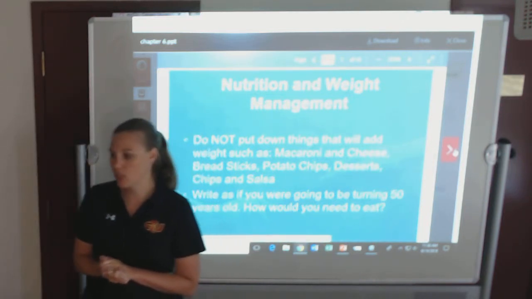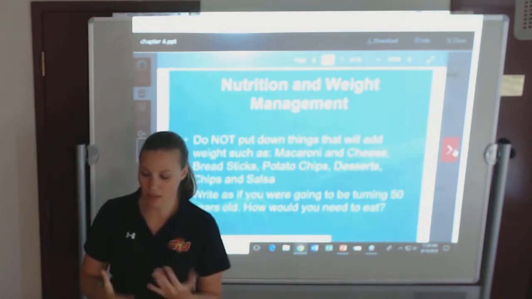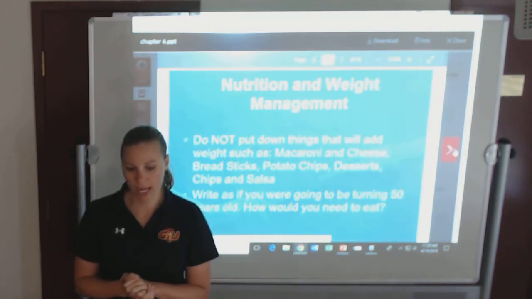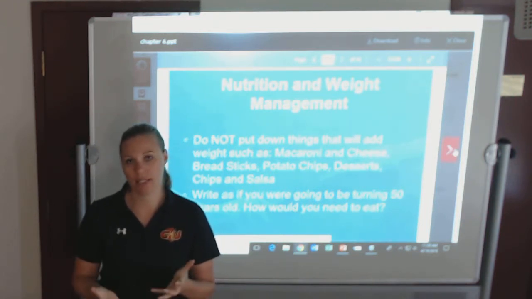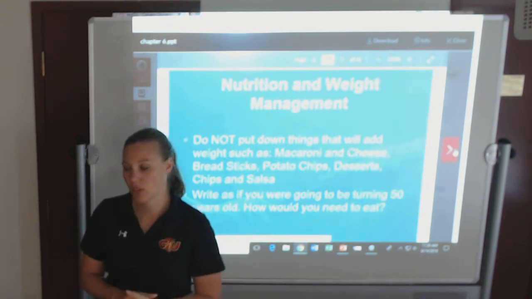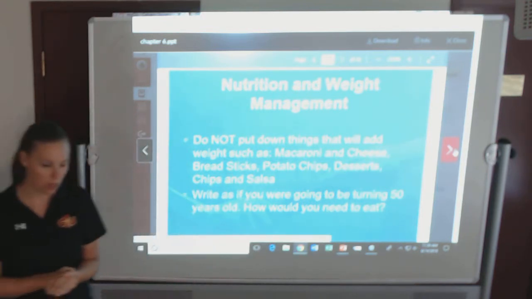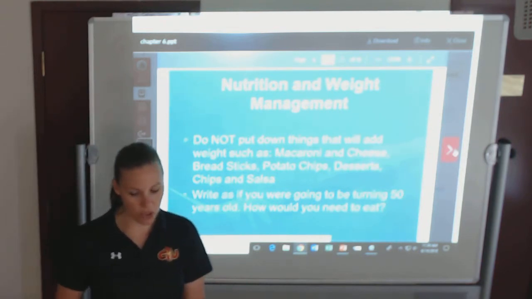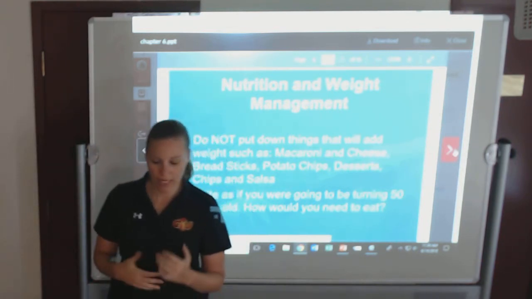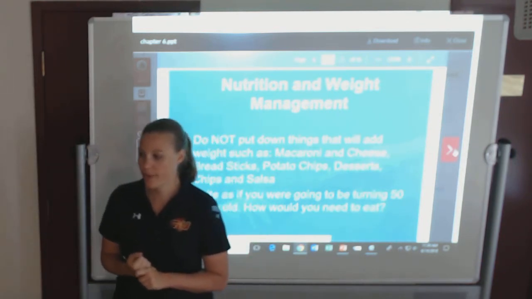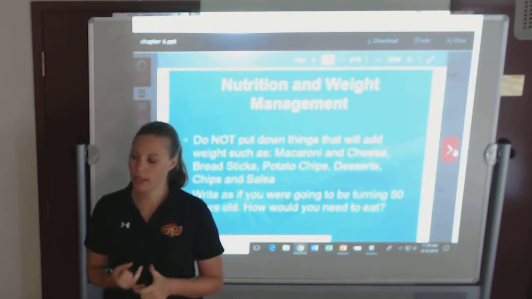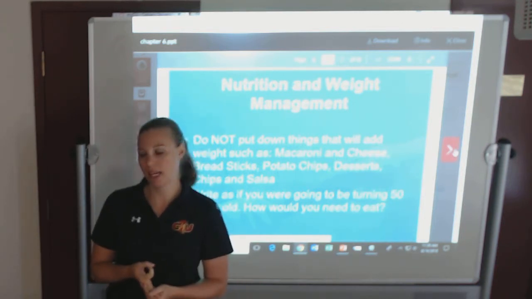So we need to assess a little bit and try to see what eating right for the next week looks like. If you were to establish a program where you're going to eat right, would that include macaroni and cheese? Would that include breadsticks? Would it include potato chips?